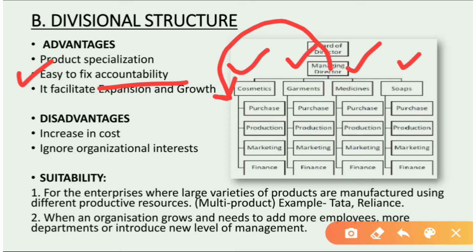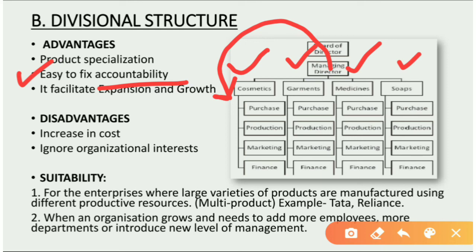If by chance any mishap or loss happens, or any problem occurs, then who is answerable? The cosmetic department is answerable to the business. The garment, medicine, and soap departments are not answerable.